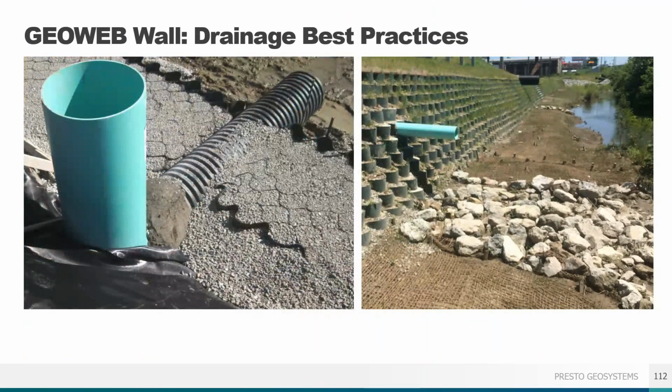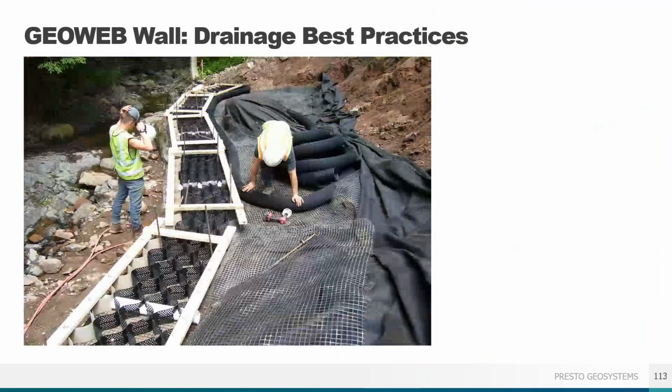The GeoWeb system is better equipped than impervious walls, such as many of the concrete block walls, because by its nature, GeoWeb allows for water movement throughout the system. However, even with this, it's crucial that you understand your specific site conditions and ensure that hydrostatic buildup is mitigated.